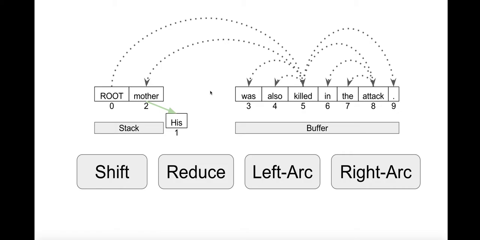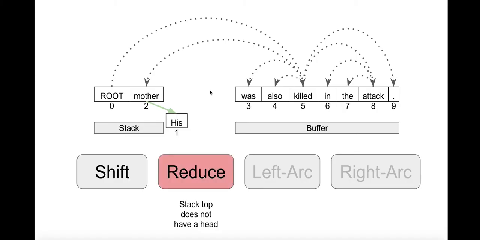After we shift, we see that even now we don't have any left or right arcs going between the second and the third token. Also, the stack top does not have a head yet, so it cannot be reduced. The only option we are left with is to shift.